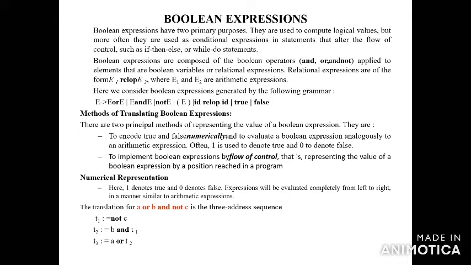The relational operators are less than or equal, greater than or equal, not equal. A relational expression is declared as E1 relational operator E2. E1 is one arithmetic expression, E2 is another arithmetic expression, and RELOP is a relational operator, meaning less than or equal, greater than or equal.